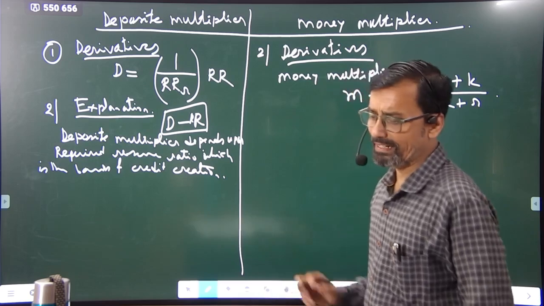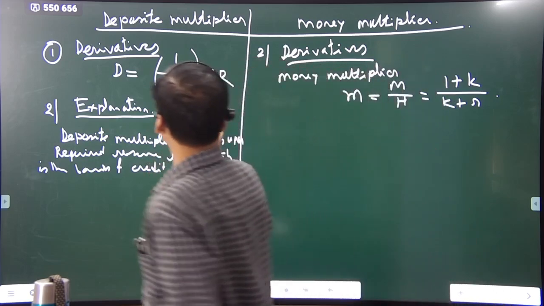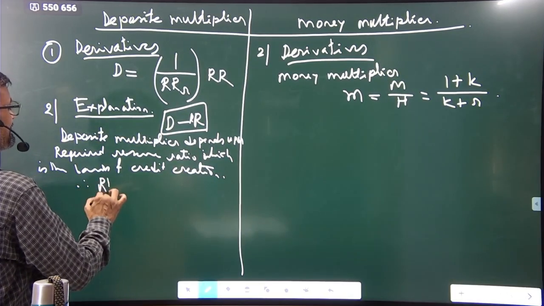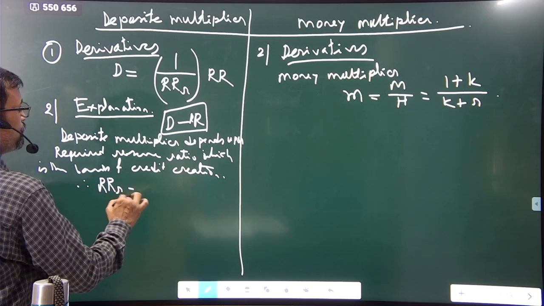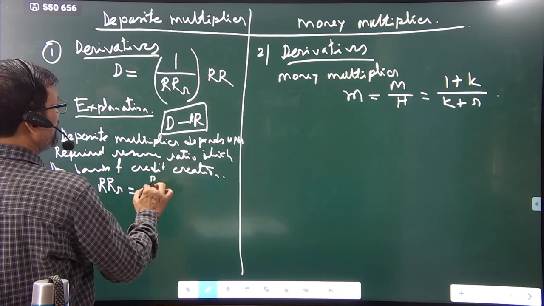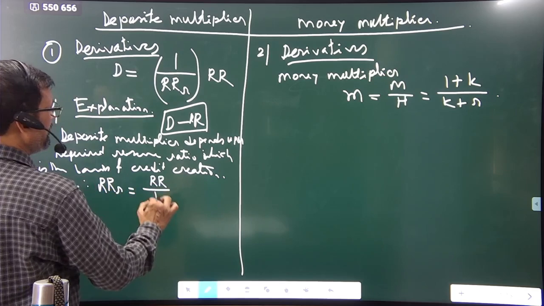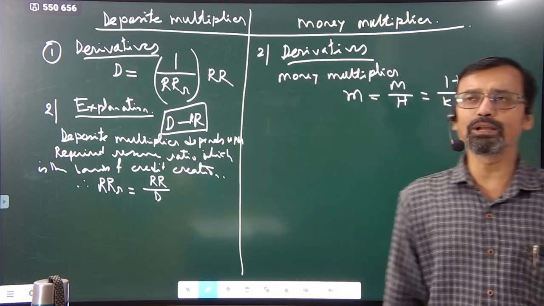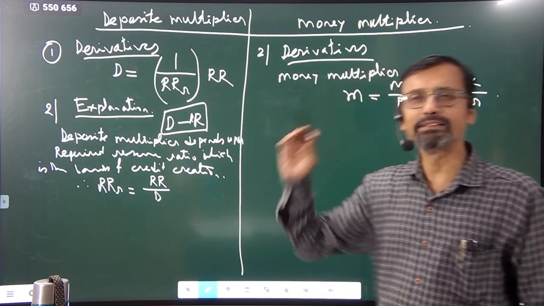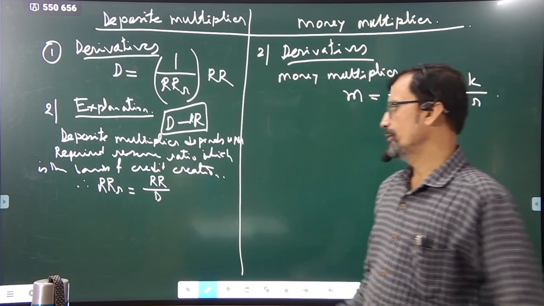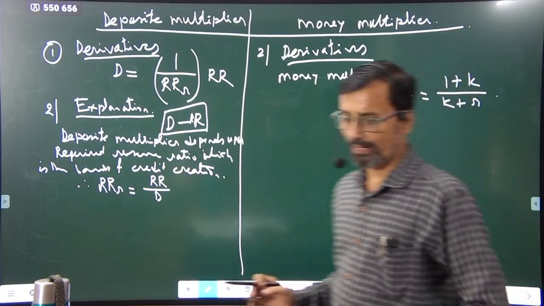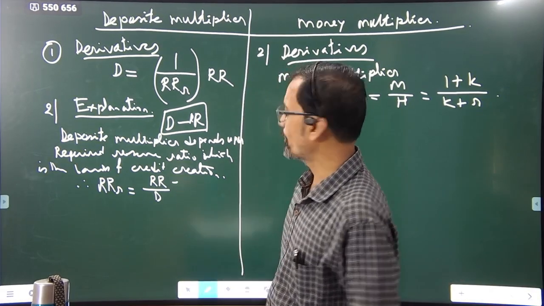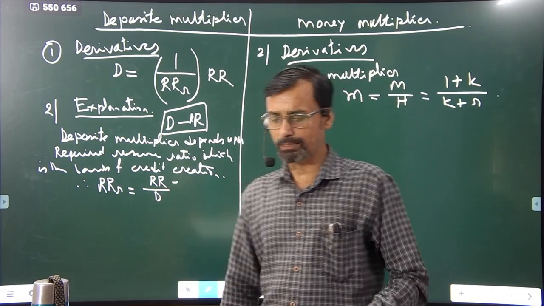So the basis of credit creation is this. Then from this we can write: the required reserve ratio is the required reserve amount upon demand deposit. So we get the required reserve ratio by dividing the required reserve amount by total deposit.